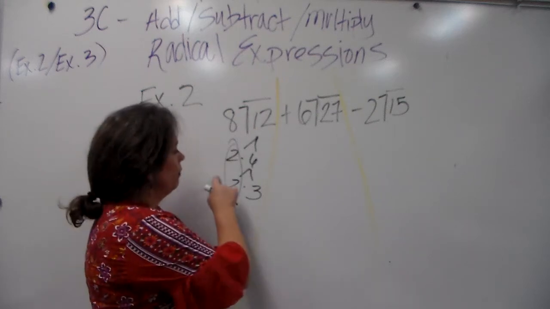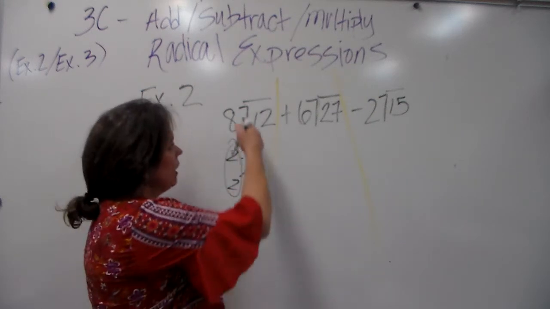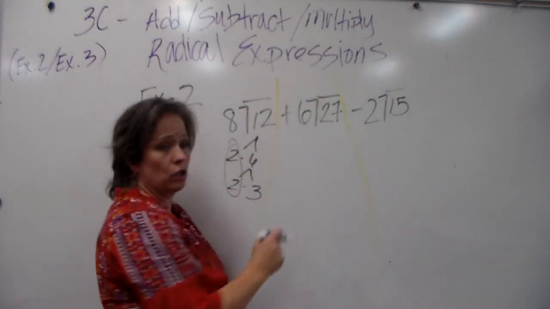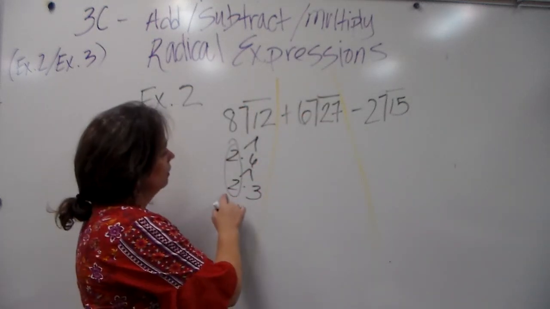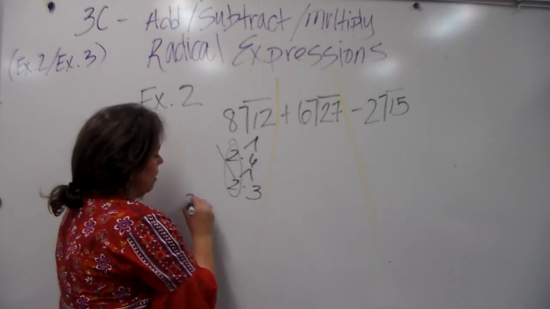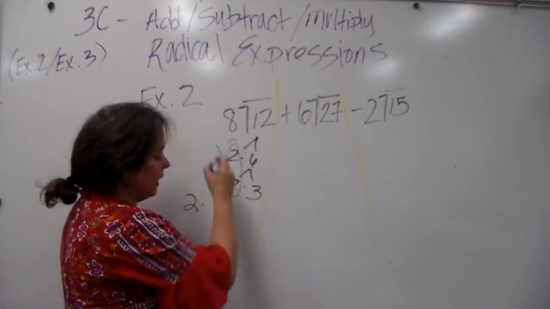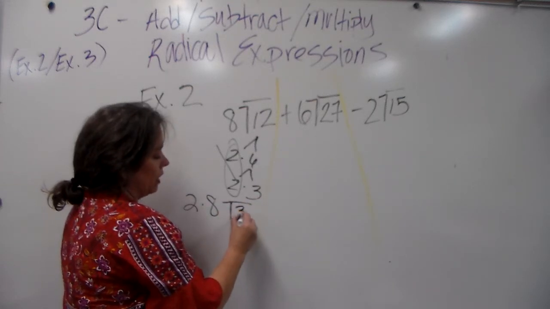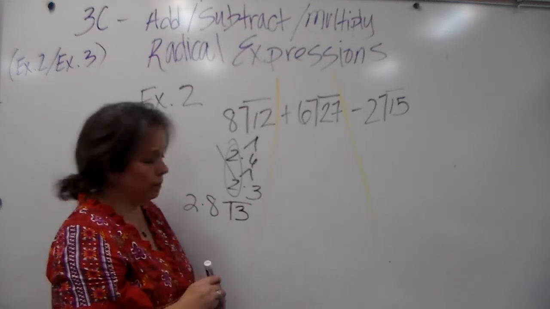For every set of 2, because our index is 2, an invisible 2 on each of our square roots, those 2s will bust out and we'll have 2 times 8. And then our 3 got left inside, okay?